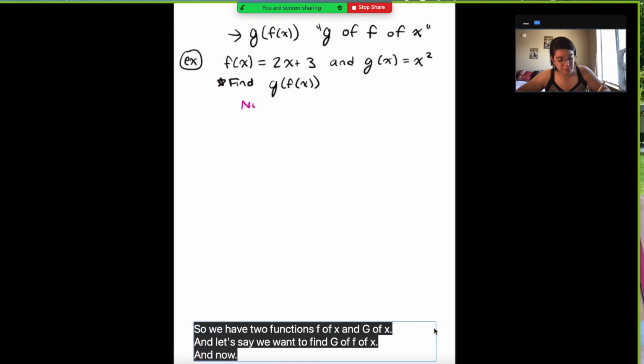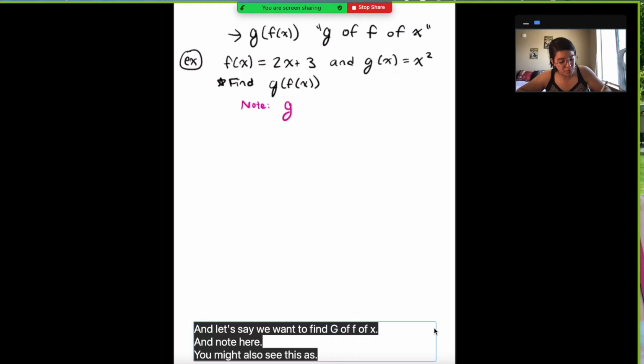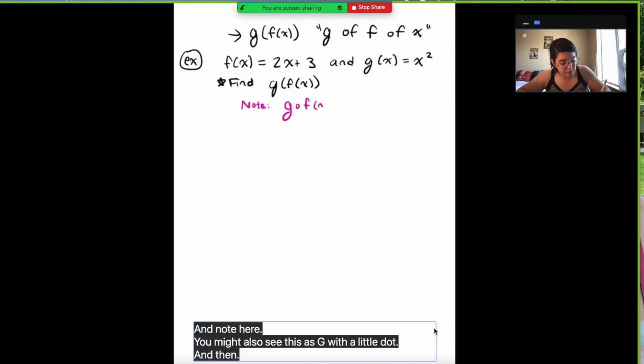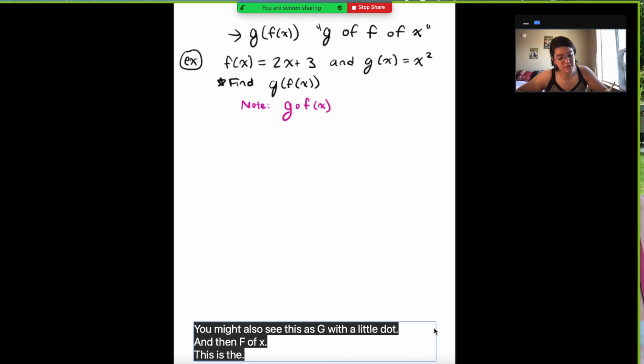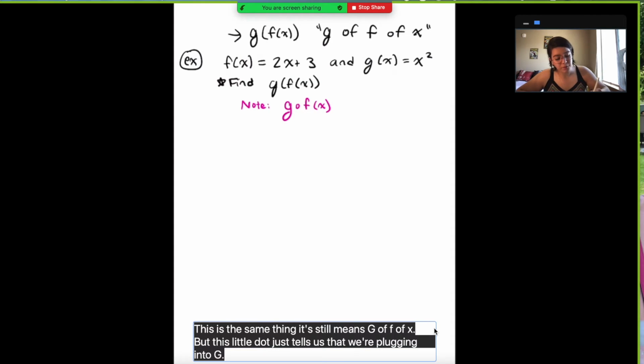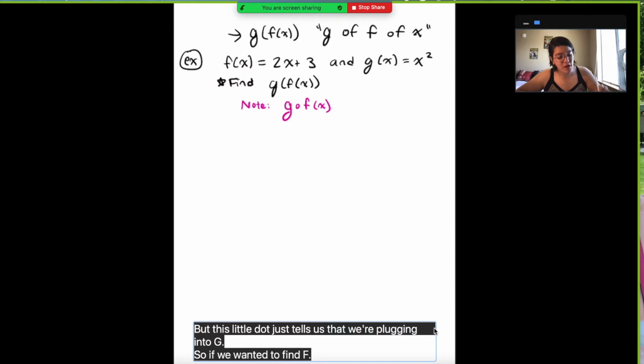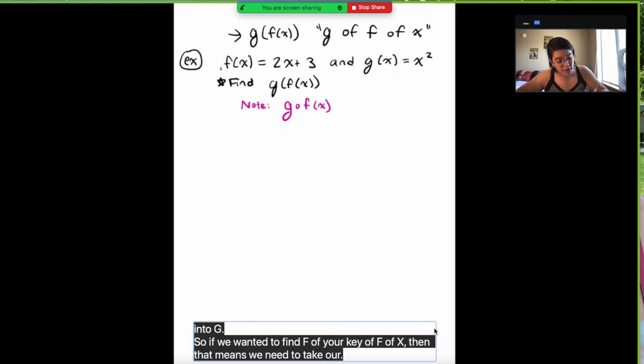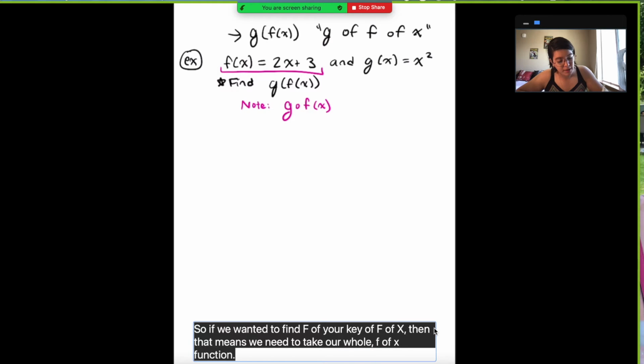Note here, you might also see this as g with a little dot and then f of x. This is the same thing. It still means g of f of x. But this little dot just tells us that we're plugging f into g. So if we wanted to find g of f of x, then we need to take our whole f of x function and plug it in for x into our g of x function.